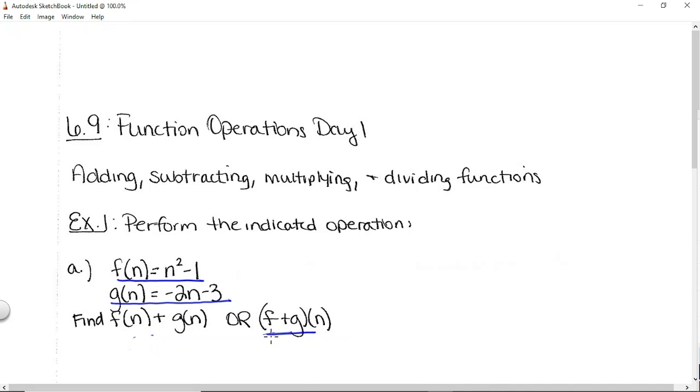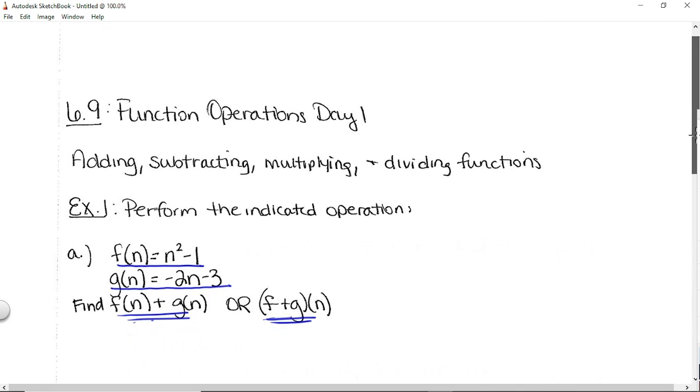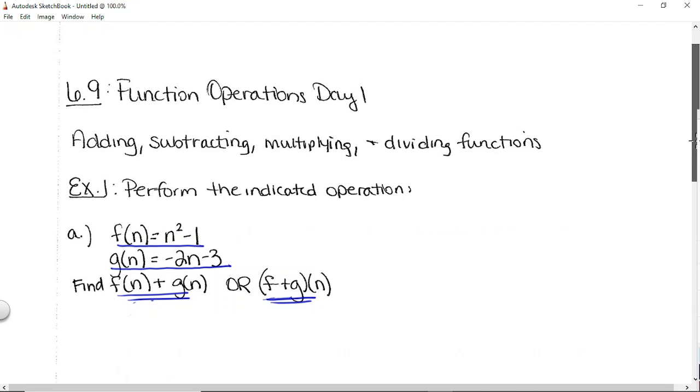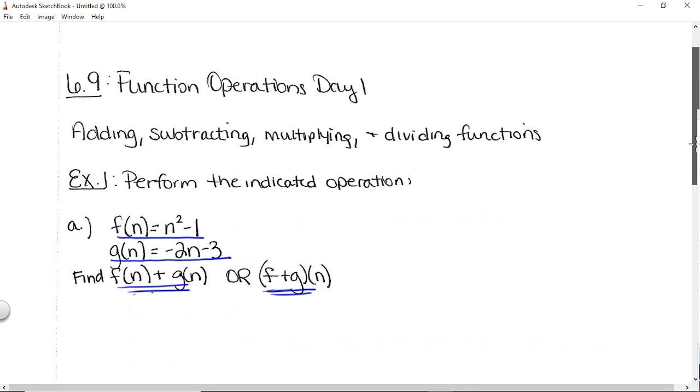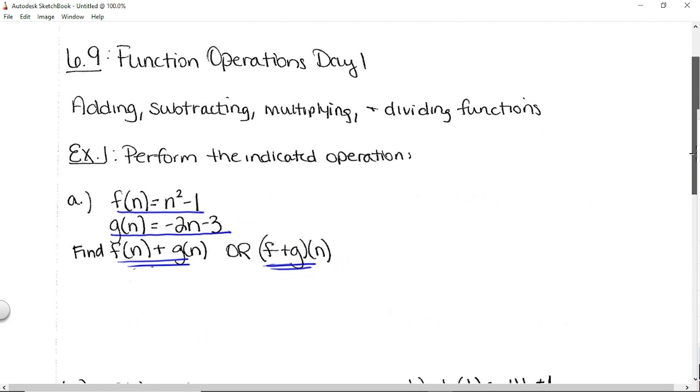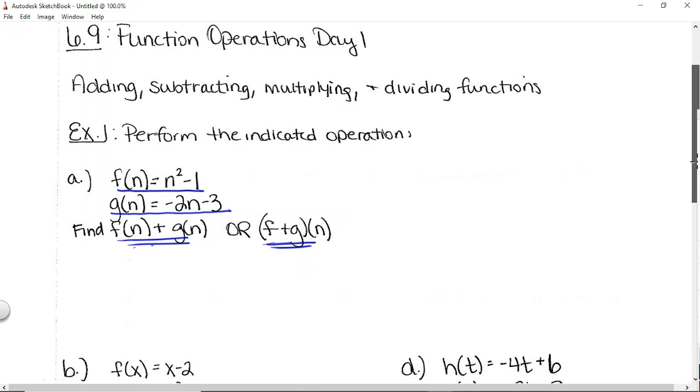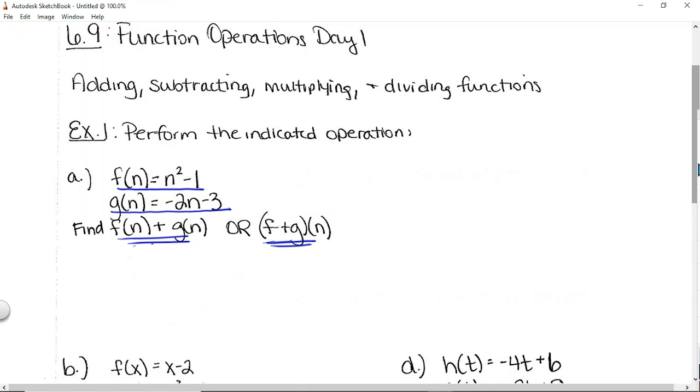Now these are two ways of writing the same thing. It's a new function that you get when you add those functions. And you can then plug in values into this new function. For each input value you plug in, you get an output value, and that's an ordered pair of that function.